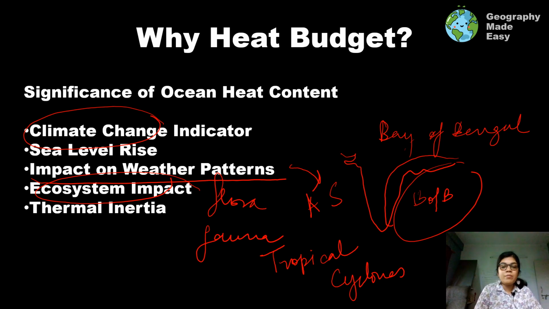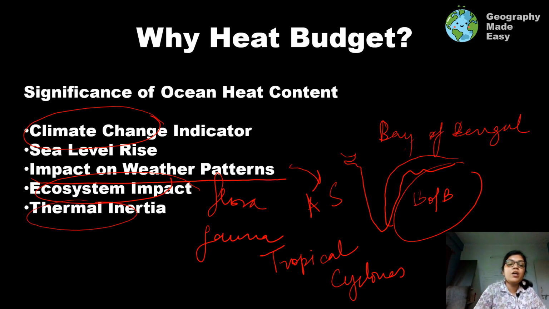These things impact the ecosystem very badly. The plants and animals are used to living in a certain kind of environment, but that environment is getting destroyed, and yes, it is a problem. The last point is not so important: changes in the inertia of water bodies, the flow patterns, can also change due to a change in temperature.